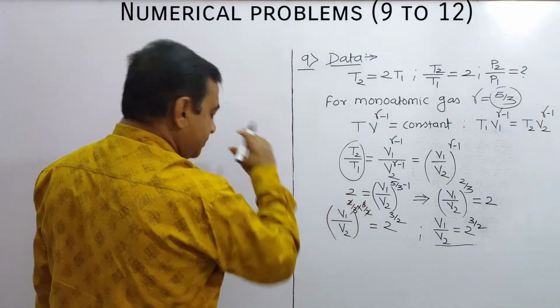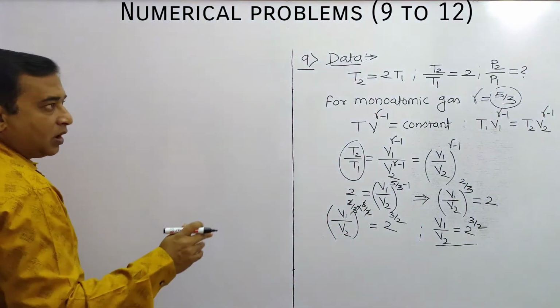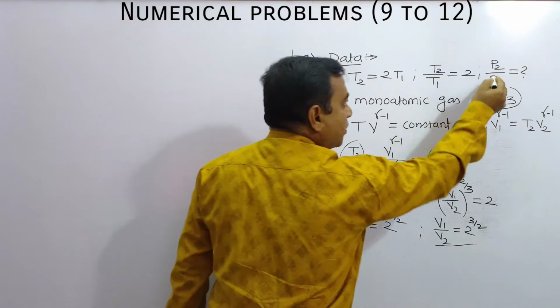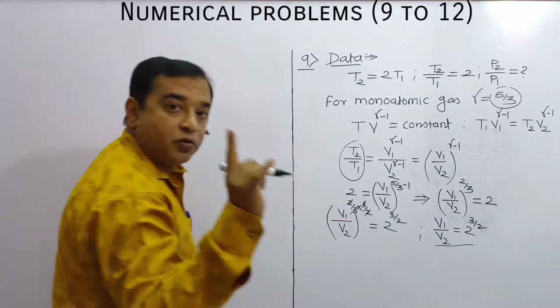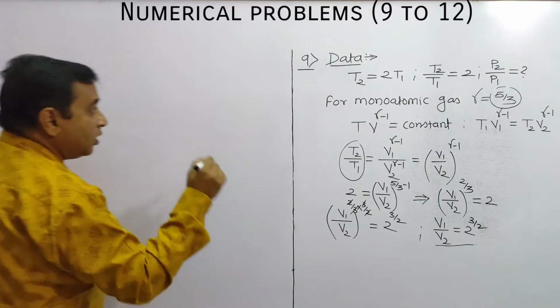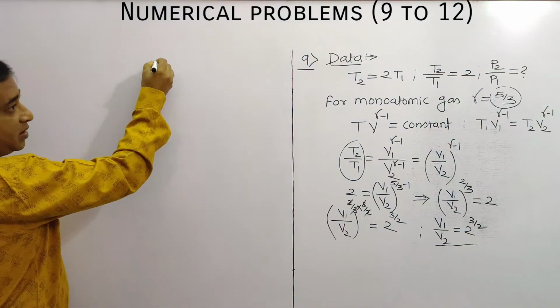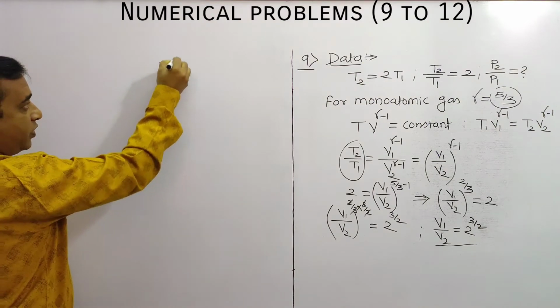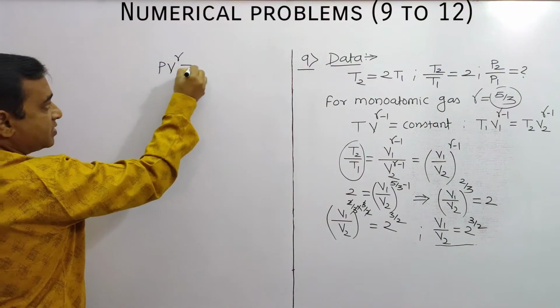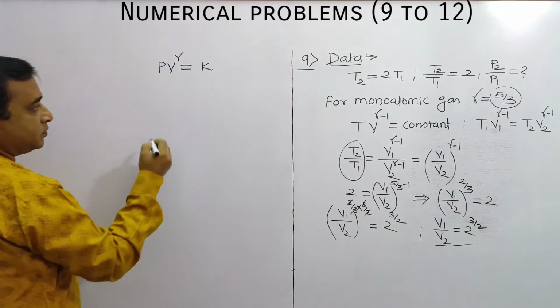Now I need to calculate this P2 upon P1. For that, I need to calculate initially V1 upon V2. We know very well for the adiabatic process, P V raised to power gamma is equal to constant.